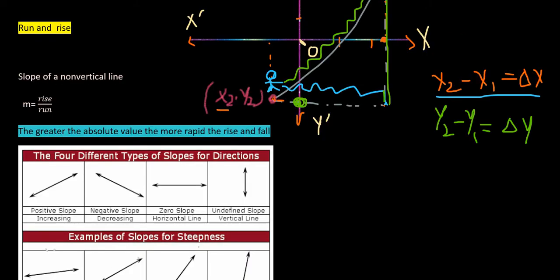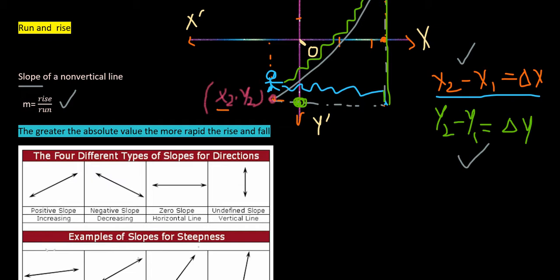So by using the run and rise values, we can find out the slope. What is a slope? By taking the ratio of rise and run, we get a value that is the slope.